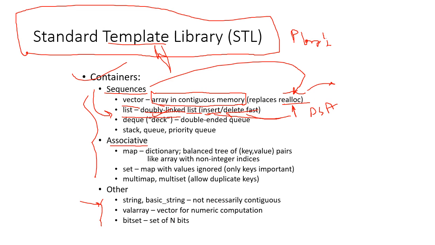I'm not going to explain this in detail here, otherwise I won't be able to cover all the topics. So this is what the doubly linked list is. Then deque, the double-ended queue. Suppose this is a queue and we have some data inside it.